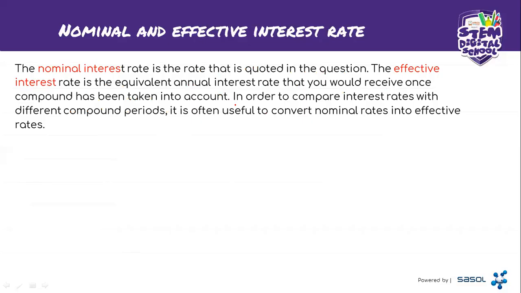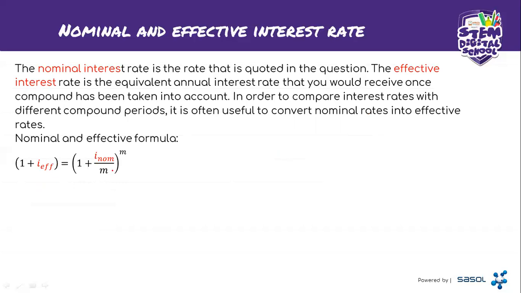In order to compare interest rates with different compound periods, it is often useful to convert nominal rate into effective rate. It's very important. This is the formula we use if we want to convert nominal to effective rate.